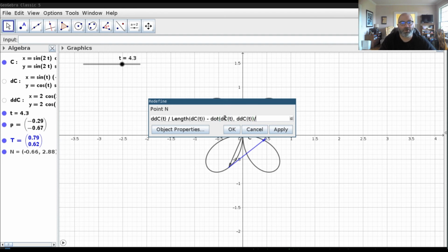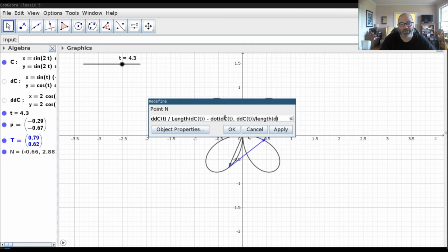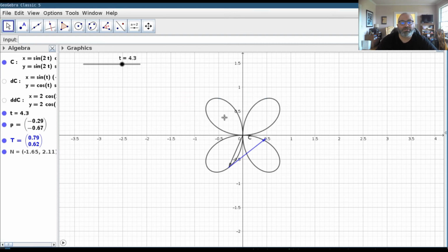That dot product is divided by the length of the first derivative, dc at t, raised to the third power, and this was times our first derivative, dc evaluated at t. Okay, so that gave us our vector n, and that one's showing up.